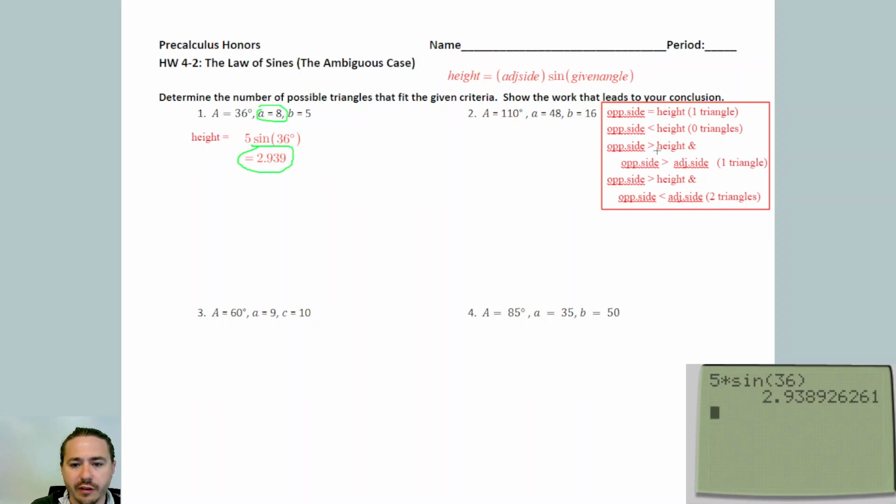When the A value is greater than the height, we're either going to have one or two triangles. To determine whether it's one or two, we compare it to the adjacent side, which is 5. The opposite side is greater than the height, and the opposite side is greater than the adjacent side, so there's going to be one triangle here.